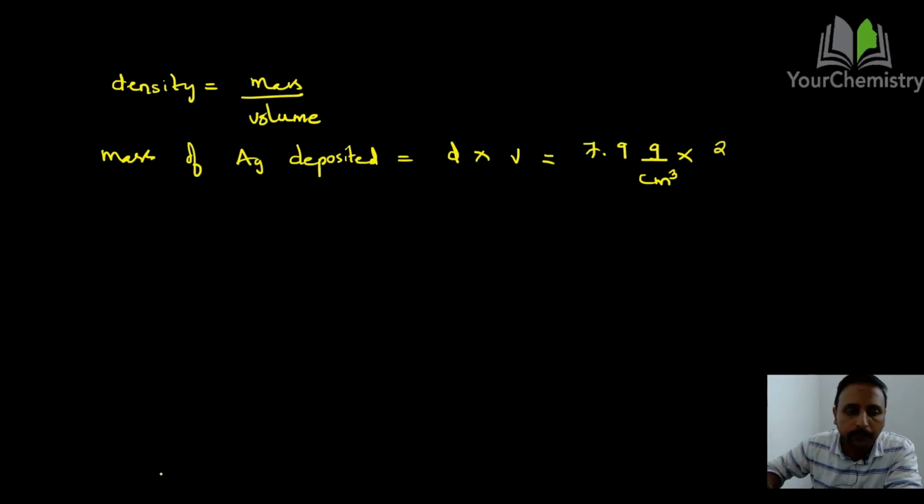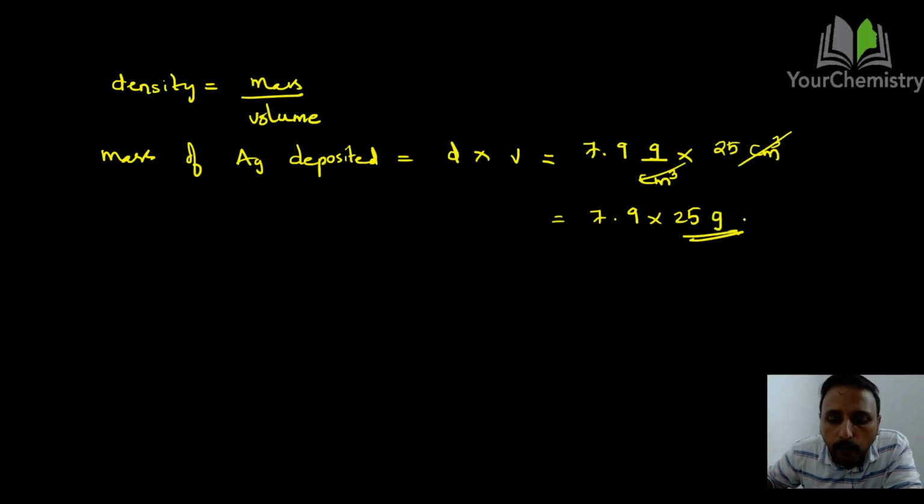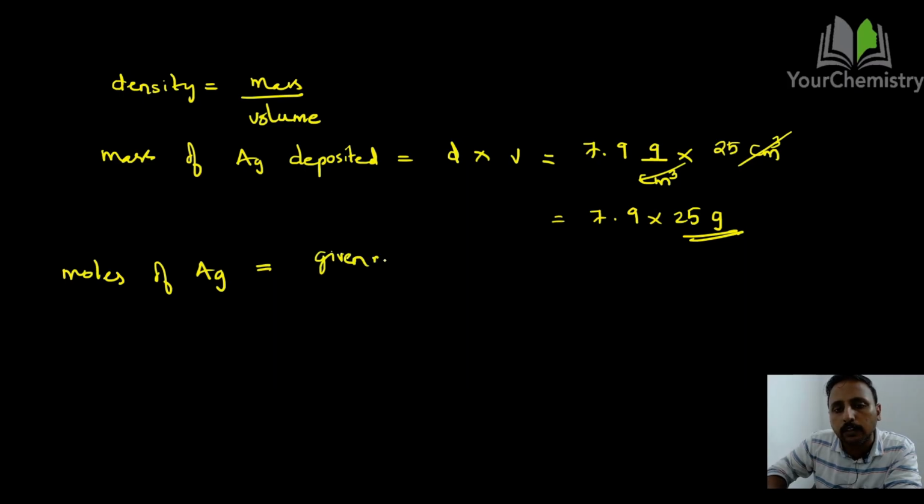So what is that volume? 25 centimeter cube. So I can easily cancel these two. So what is our mass? 7.9 into 25 grams. So we have found out the mass of silver deposited. Now we can easily find out the moles of silver deposited. What is the equation for finding that?